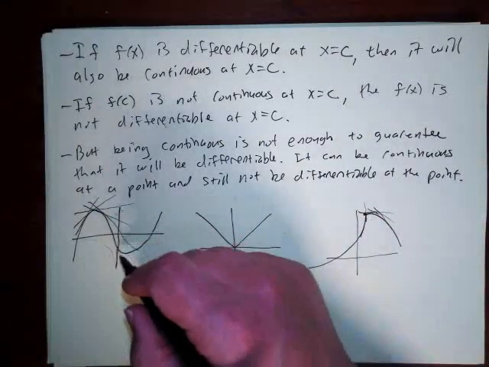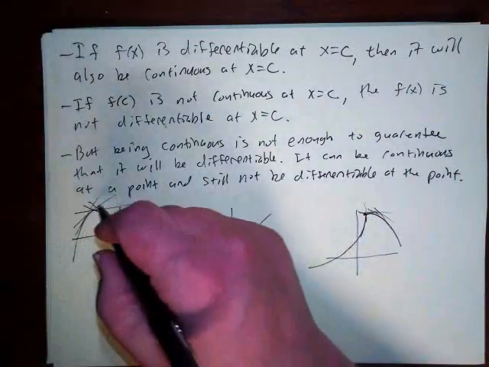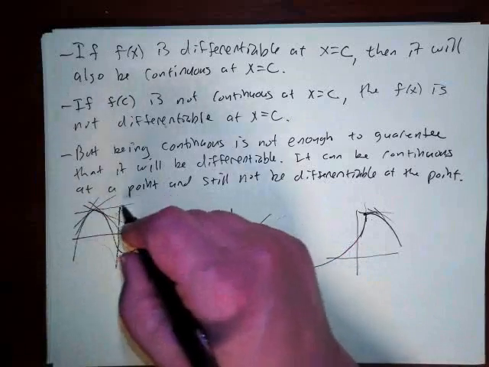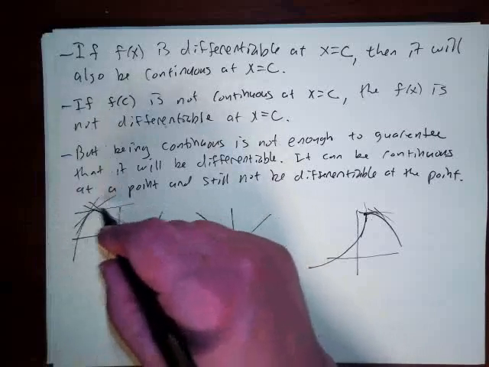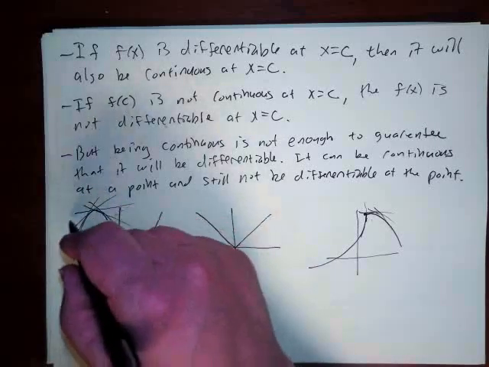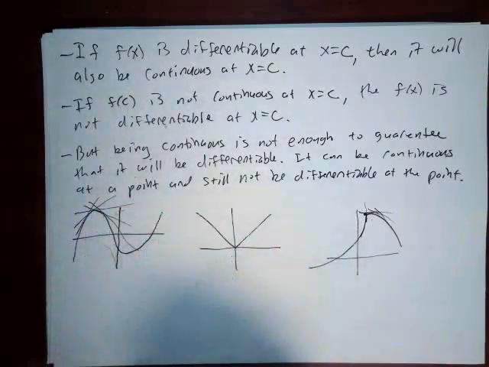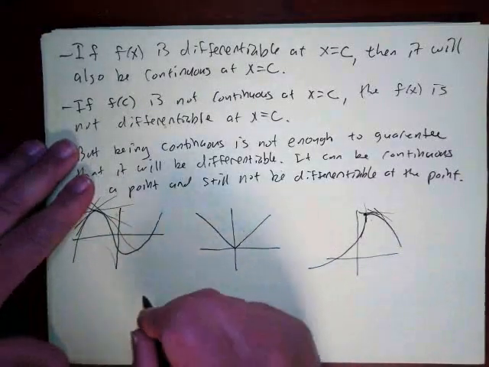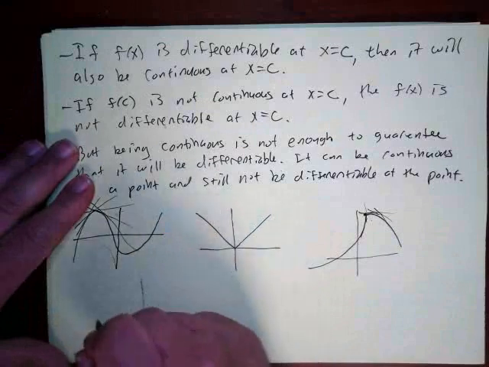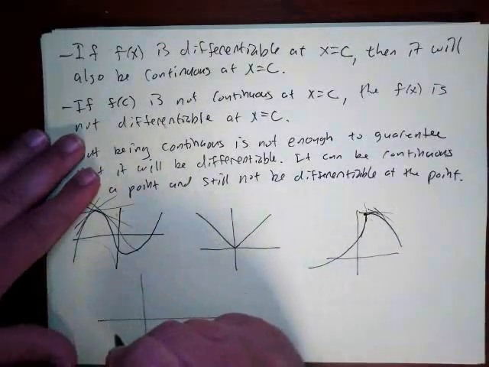A differentiable curve will be a smooth curve, and the rates of change pass through all the possible values as it goes from point to point on the curve. Then some other ways that it might not be differentiable: anytime it's not continuous.